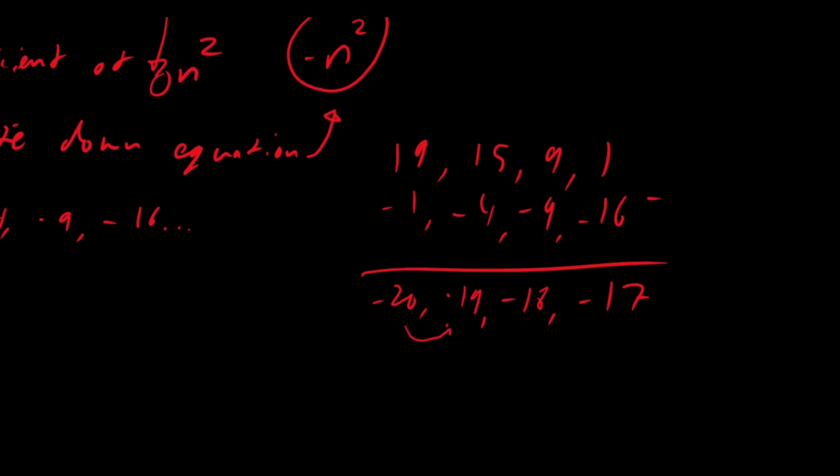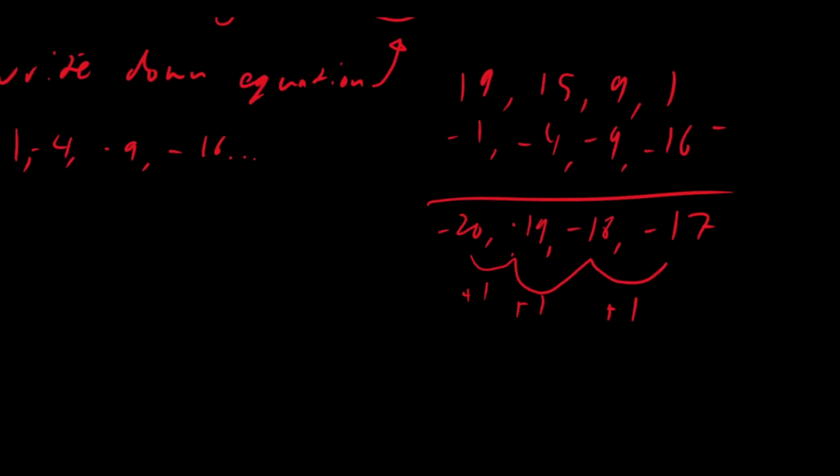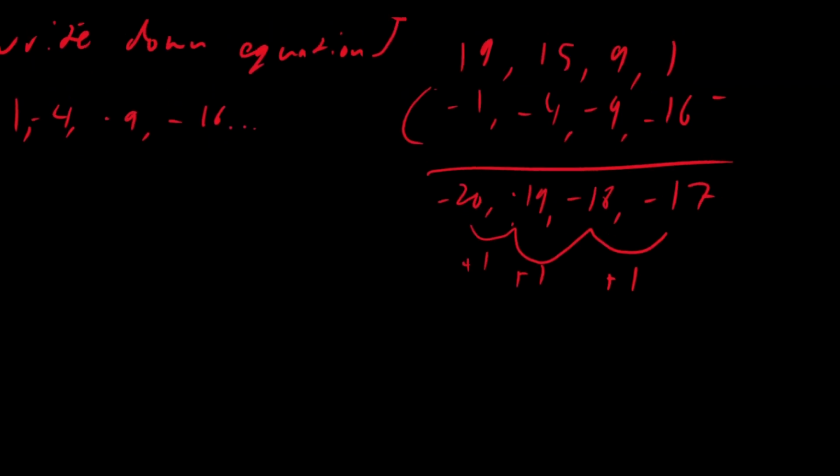As you can see, this is a linear sequence. You subtract 1 every time. Now you find the equation of this sequence, and then you can combine it with the n squared sequence that you found before. To find the formula of a linear sequence, you can watch my other video.